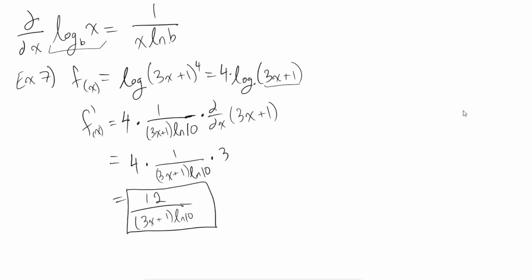The derivative of the natural logarithm of x is 1 over x. The derivative of a slightly more complicated thing, so natural logarithm of some sort of function, is 1 over that function times the derivative of the function with respect to x, or d by dx of ln u is equal to 1 over u times du dx.